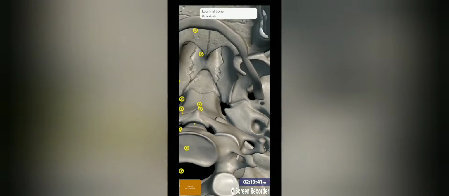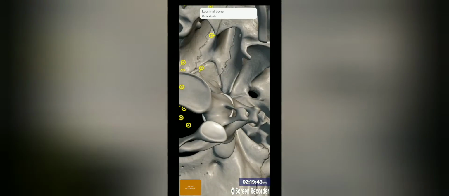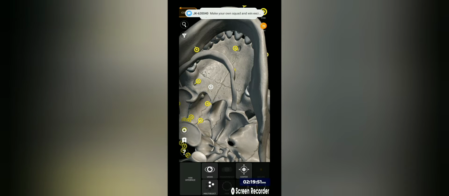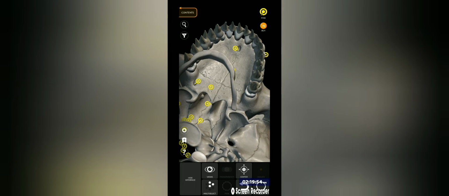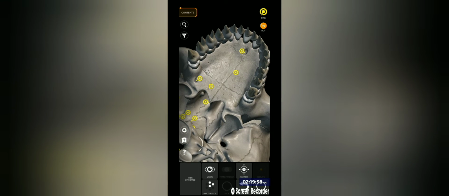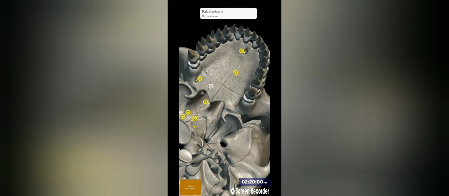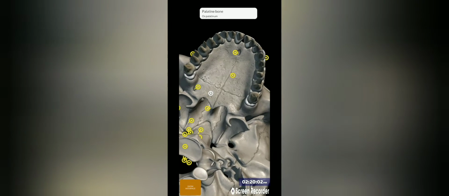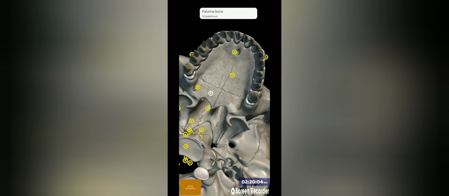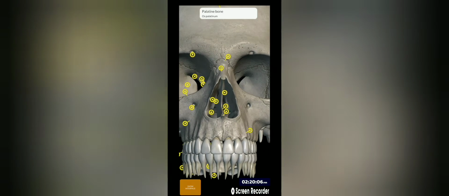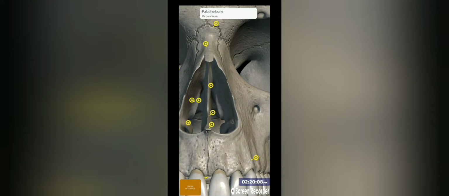This one is a palatine bone. Let me just hide this mandible. Okay, this one is the palatine bone. This one is the vomer bone, which is unpaired.